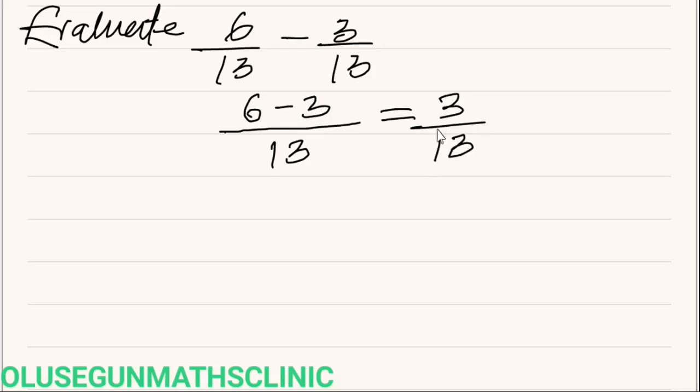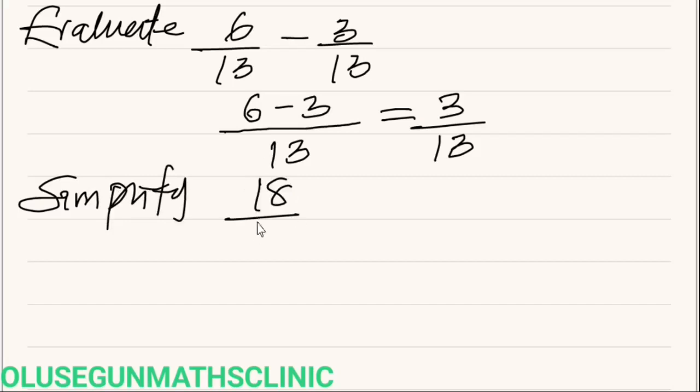So that is a direct question because they have the same denominator. So let's have a question like: simplify 18 over 19 minus 4 over 19 minus 7 over 19.